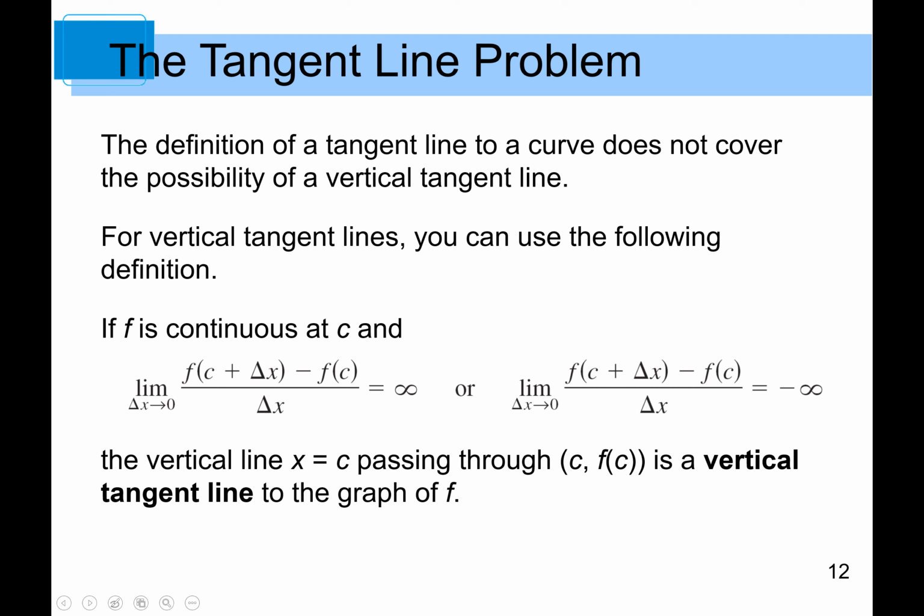If f is continuous at c, and the limit as delta x approaches 0 of f of c plus delta x minus f of c over delta x equals positive infinity, or the limit equals negative infinity, then at the point c, f of c, we have a vertical tangent line. So if either one of these is satisfied, then we have a vertical tangent line.